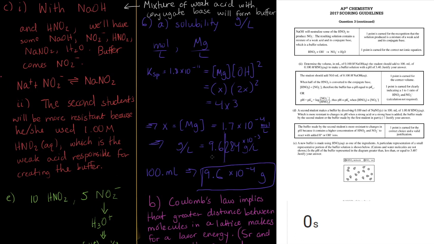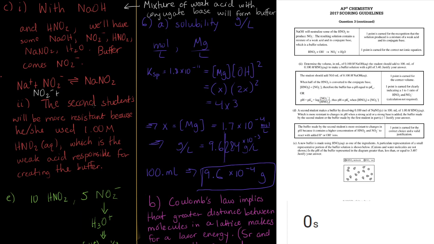So the ionic equation that we should have had, not looking at the answer right now, I'm just writing this out to see if I have it: NO2- forms a reversible reaction to make HNO2. Is that it? Oh, I have it a little bit backwards.